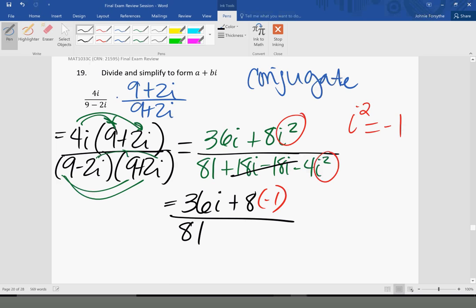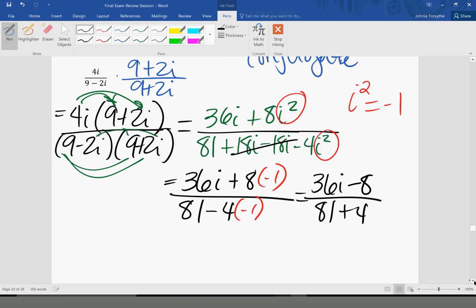18i minus 18i cancels out, minus 4 times negative 1. So now I have 36i minus 8 over 81 plus 4.